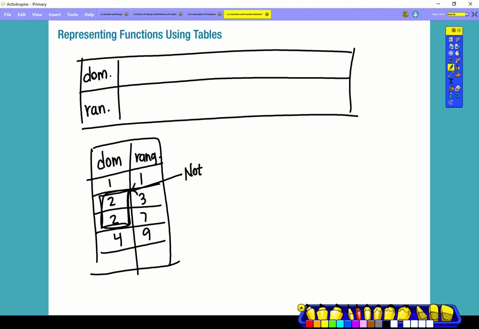Not okay. That represents the input value going to two separate output values. So remember how we were talking about that's not a function? That still applies here. If you were to see a table, this is what not a function would look like.